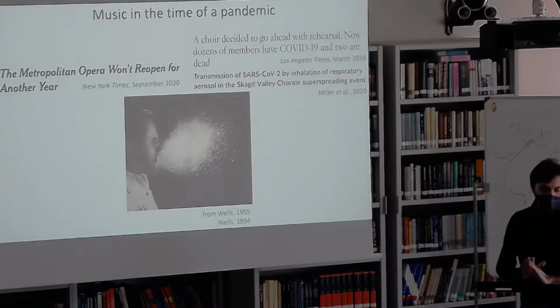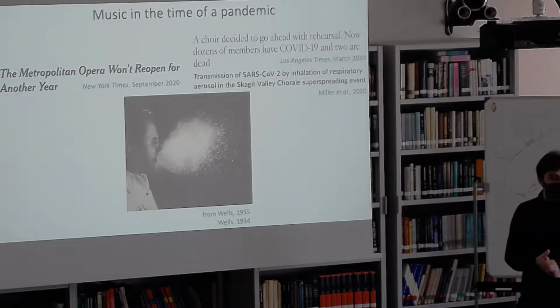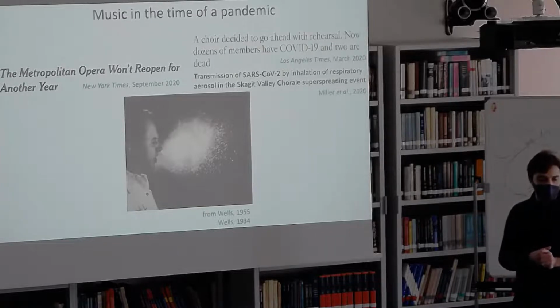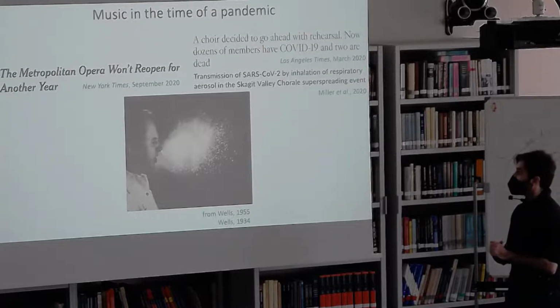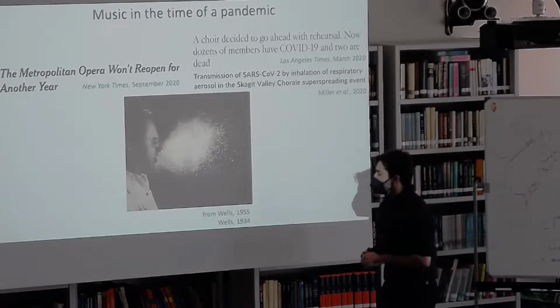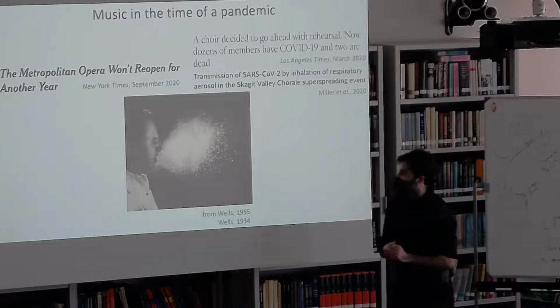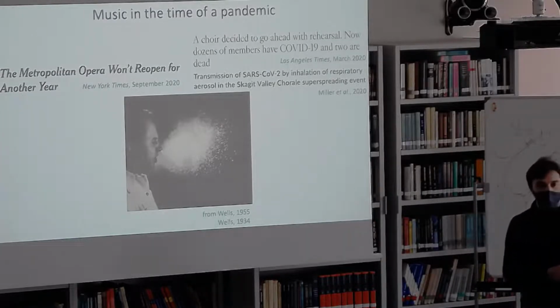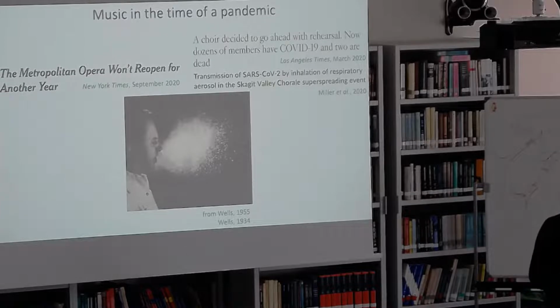So it's not at all new that we generate droplets and that those droplets are contaminating others. It has been demonstrated and discussed since one of the seminal works from Wells in the 30s, where he showed that we basically emit droplets when we breathe, speak, sing, and that the trajectory of those droplets depends on their size.